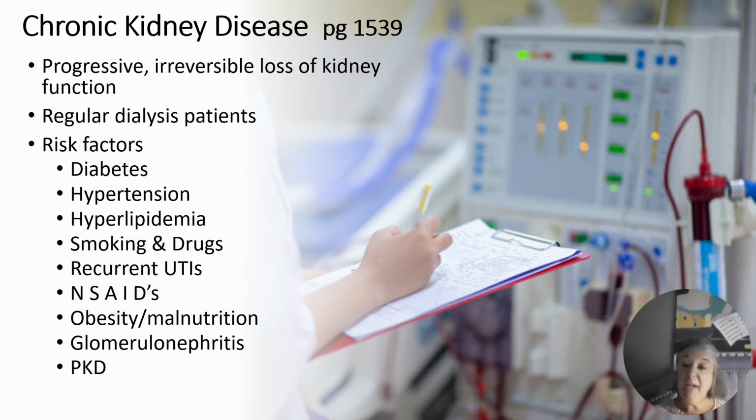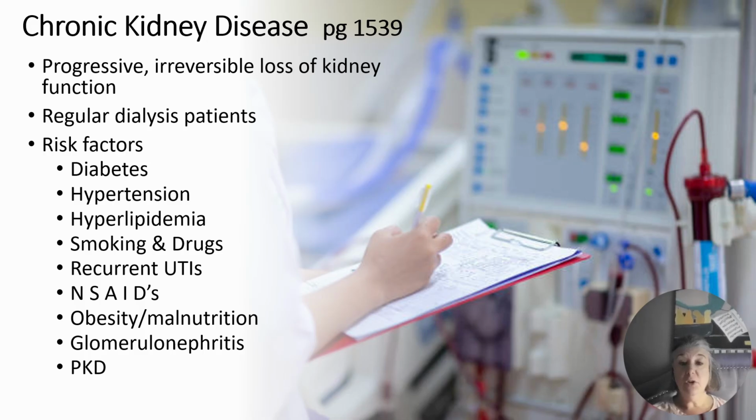We can identify it and we treat the problem right away before long-term damage really occurs. With chronic kidney disease, you don't really see it coming as quickly. So by the time our people are identified, we have real problems going on. And people can be asymptomatic for a while.